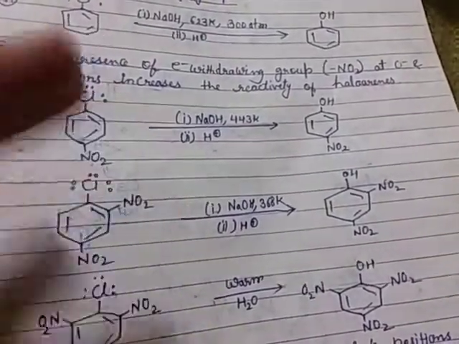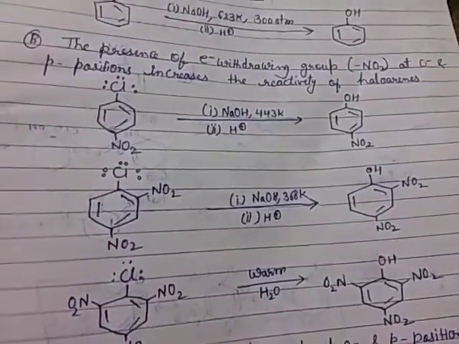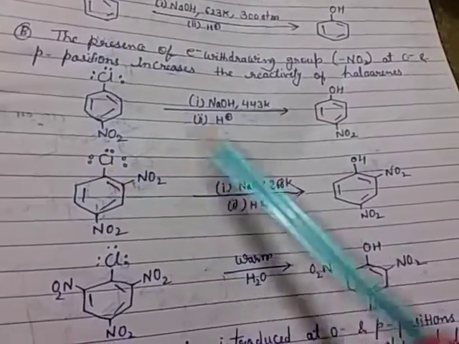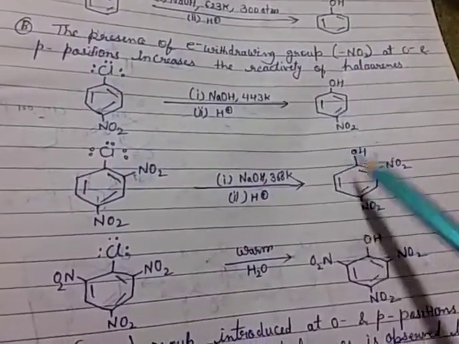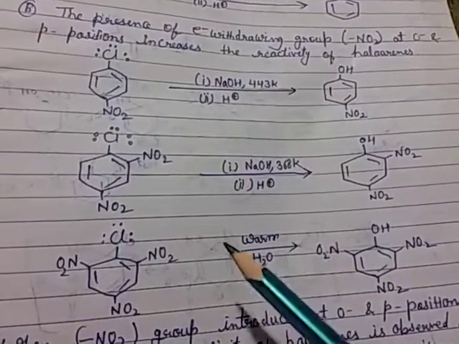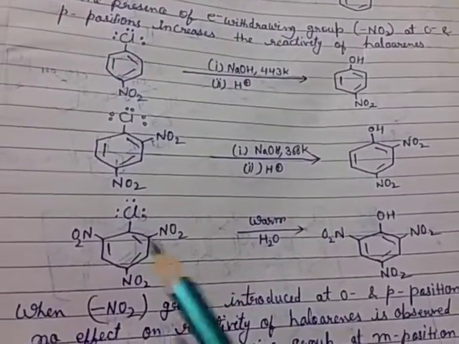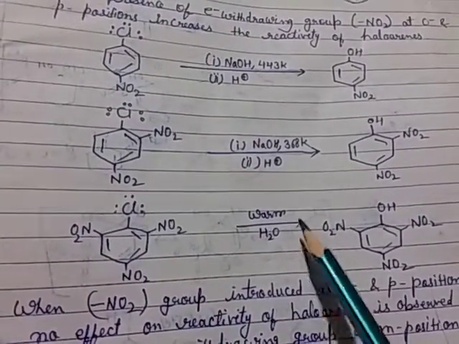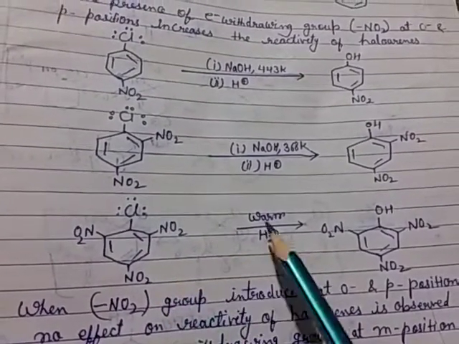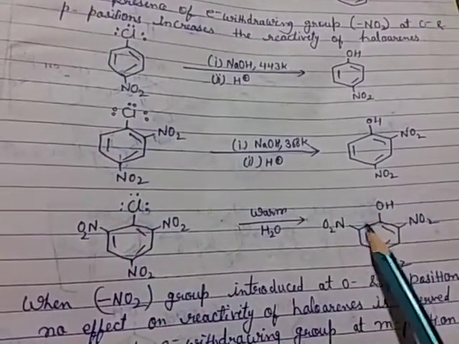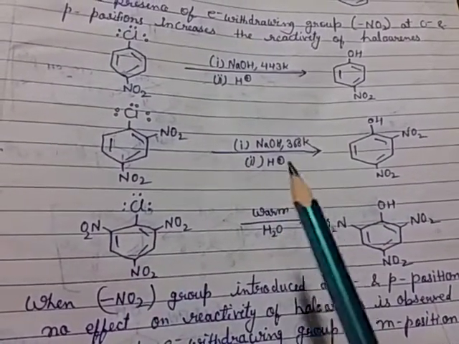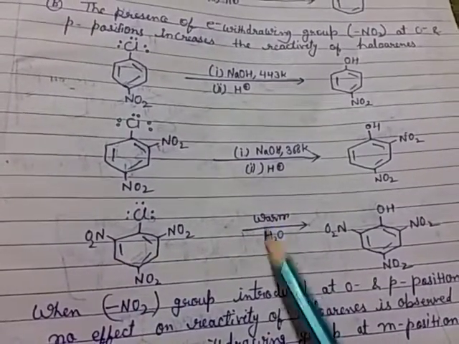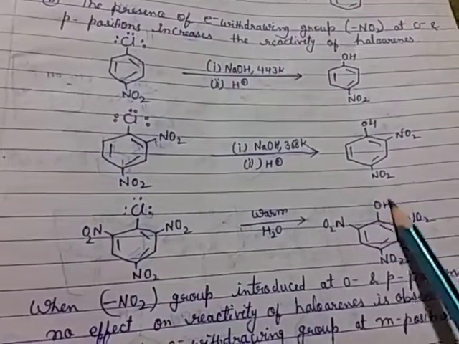Then with Cl attached to benzene and three NO2 groups, warm water alone replaces Cl by OH, so the reactivity increases further and no high temperature is required; it converts directly into phenol.